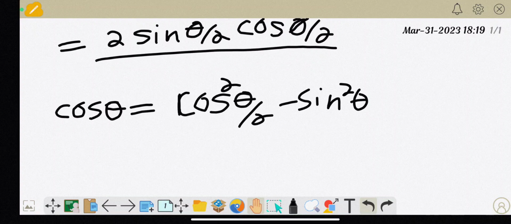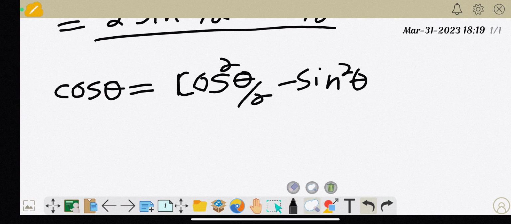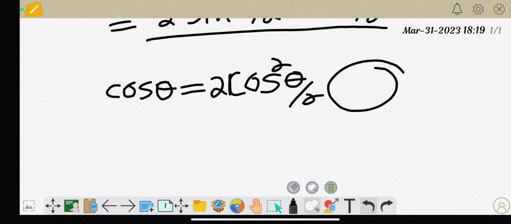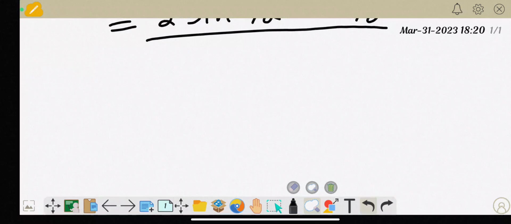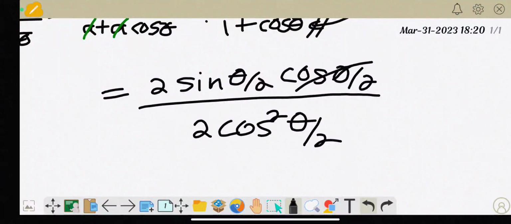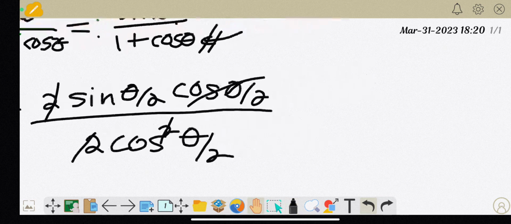I want 1 plus cos theta, so I will modify this formula. Minus 1 I will send to that side. So 1 plus cos theta is 2 cos square theta by 2. Then here, 2 I can cancel, and one cos theta by 2 I can cancel. So sin theta by 2 by cos theta by 2 is tan theta by 2. That's what is given in your textbook, correct?